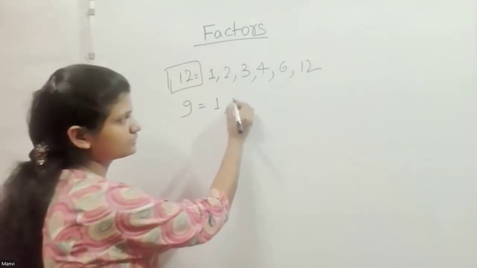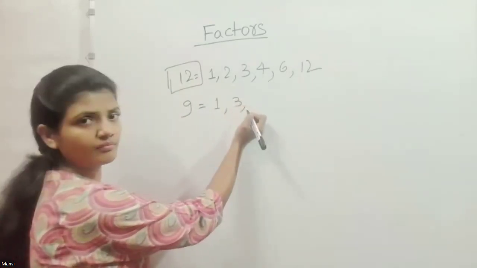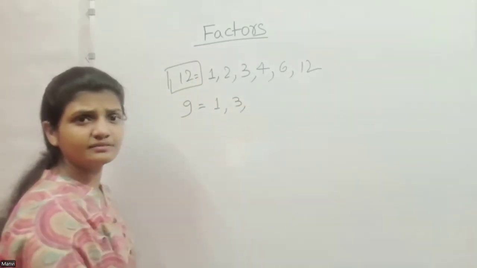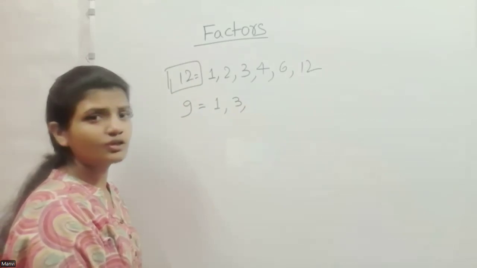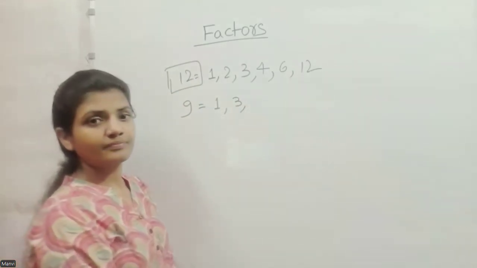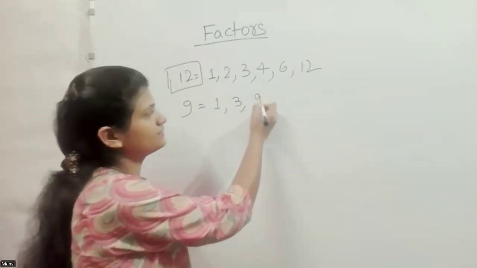Is 2 possible? 2 divided into 9, no, it's not possible, Jessica. Then 9 itself.